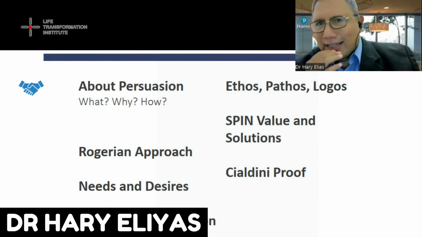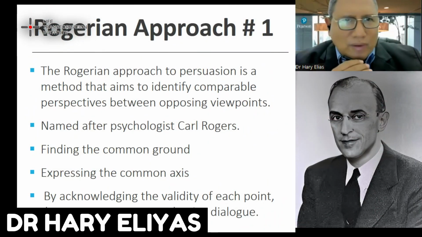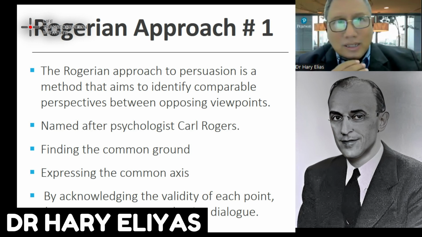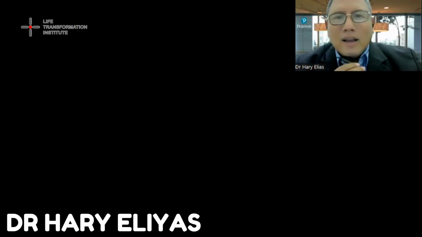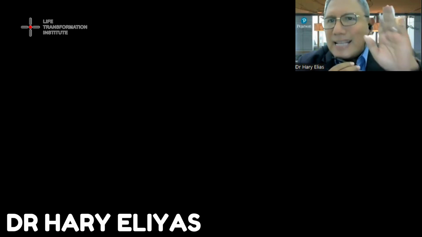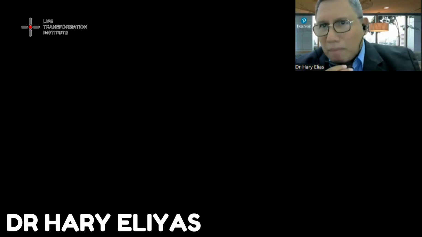Okay, let's look at the 6 approaches again. First approach is Rogerian approach, very different from the traditional. This is where you find the middle ground approach. Then we look at persuading by listening to needs and desires. You listen and look at the needs and desires of the other person.